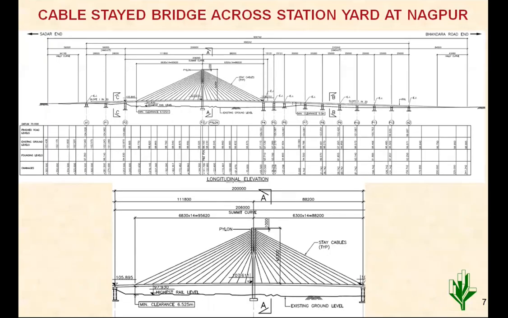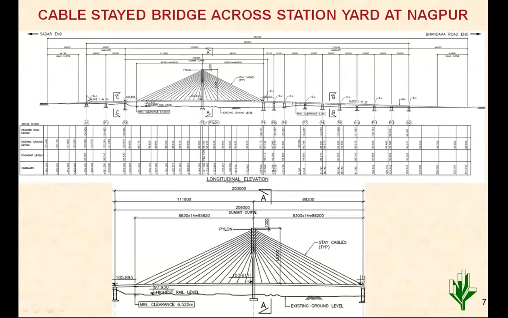So this is the general arrangement of this bridge. If you see, the people from Nagpur may know that at the southern end there is an intersection coming very close to the proposed bridge.